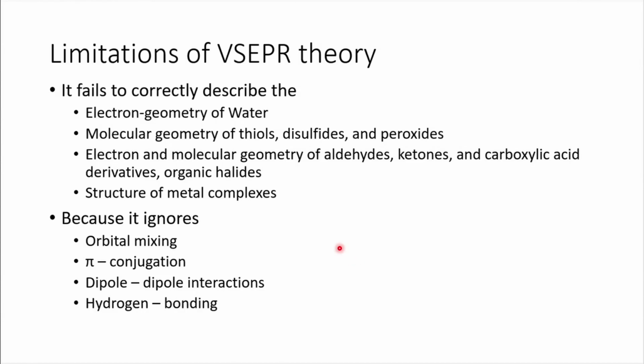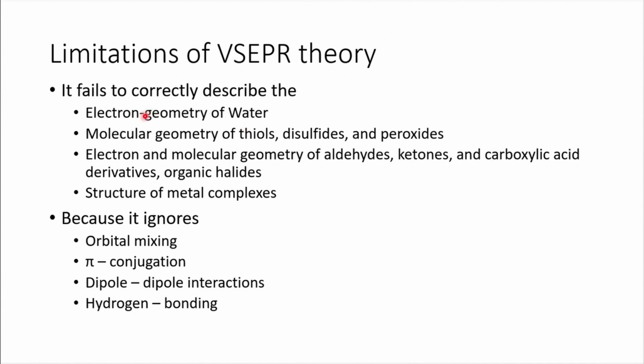Finally, let us look at some of the limitations of the VSEPR theory. It fails to correctly describe the electron geometry of water. Of course, we know there is a lone pair repulsion on the water molecule, but the VSEPR theory treats both the lone pairs in an equivalent way, but unfortunately they are not equivalent.